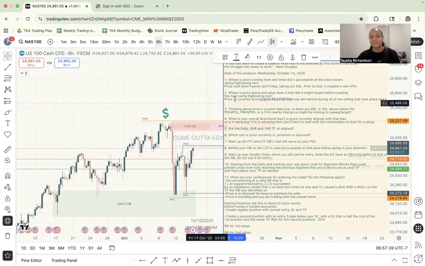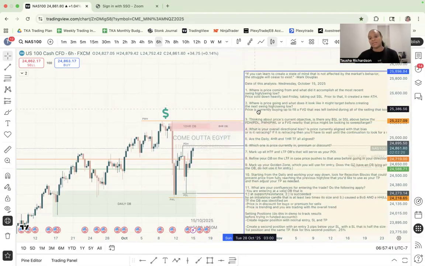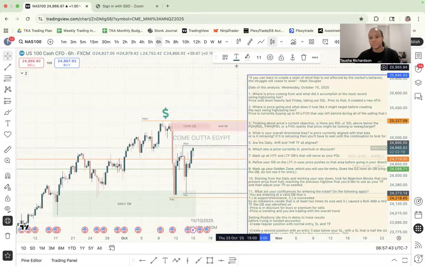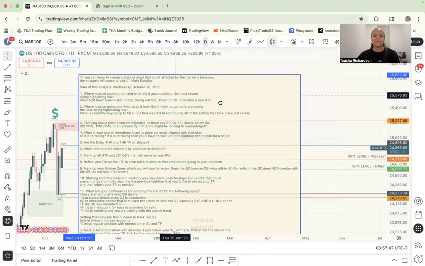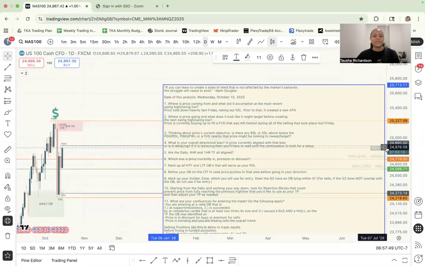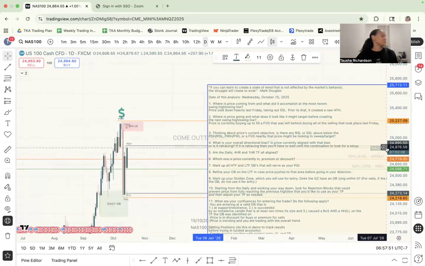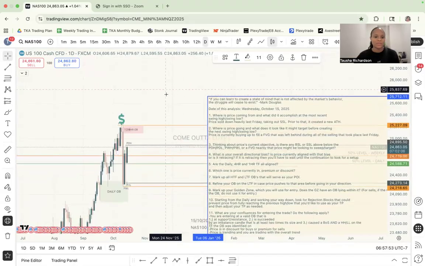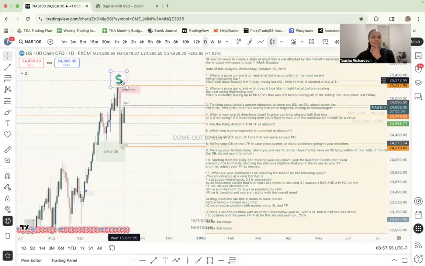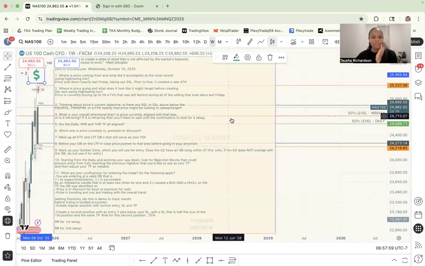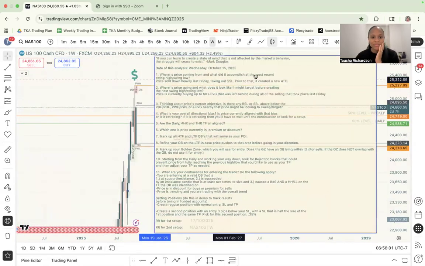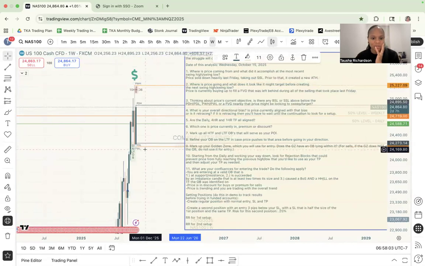I don't have this step in my top-down analysis because I just know to do it every single time. So before I do my top-down analysis, the very first thing I do is I make sure that my previous week high is marked up right here. Let's go to the weekly chart. I mark up my previous week high and my previous week low, which is this candle right here.